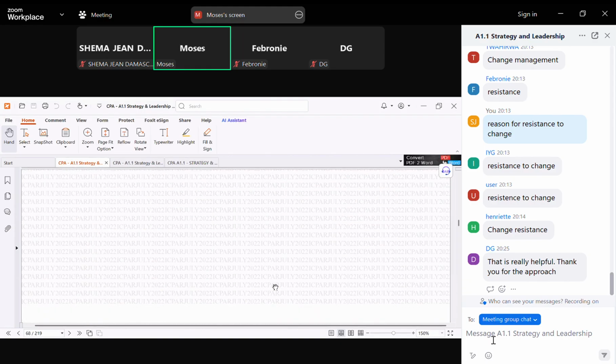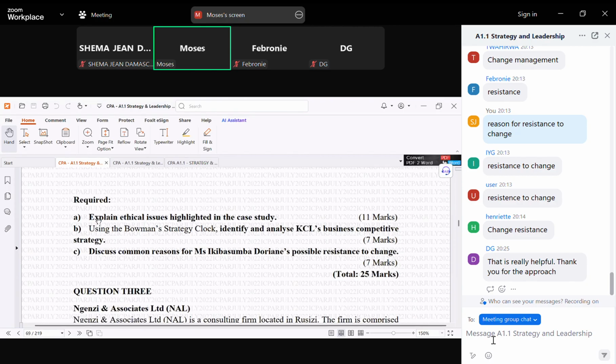In this case, they say explain, and I said what explain means. Identify means you have to pick a certain issue. Maybe the model has 5 elements. Which of those 5 elements is explained in the case study? Identify out of several options which one is applicable in this case.